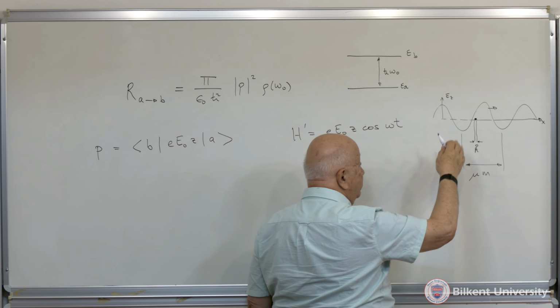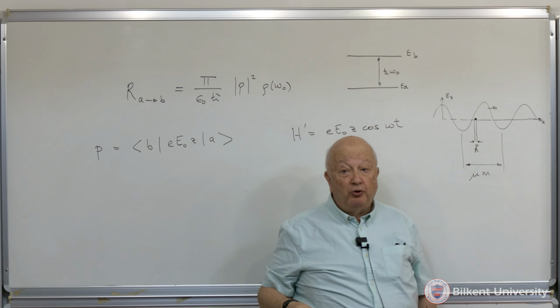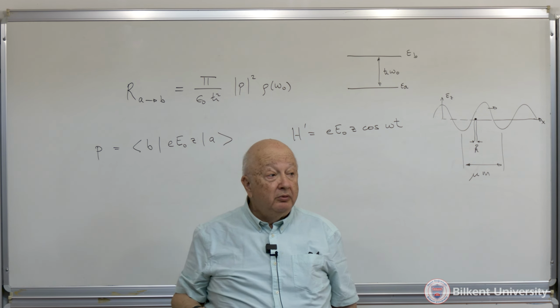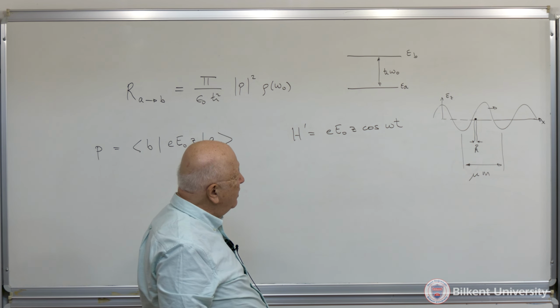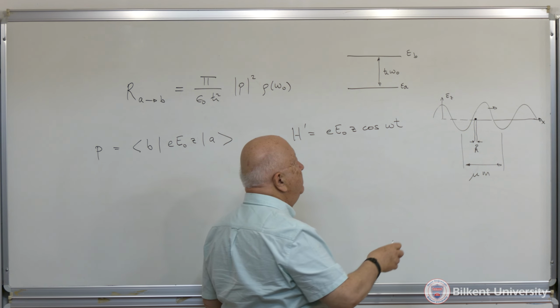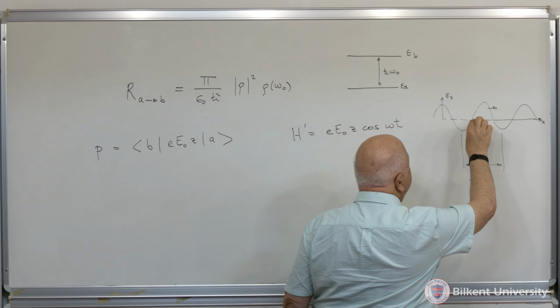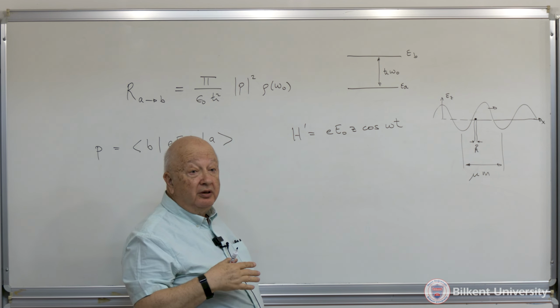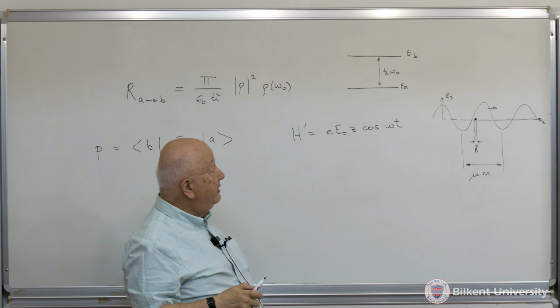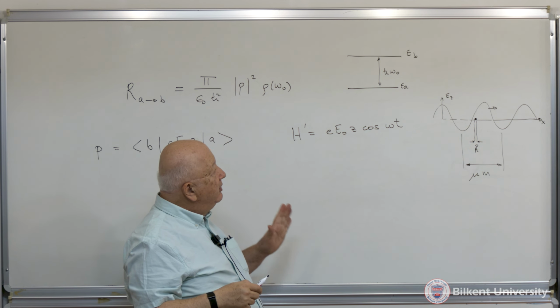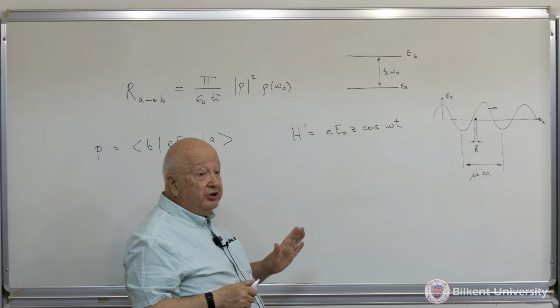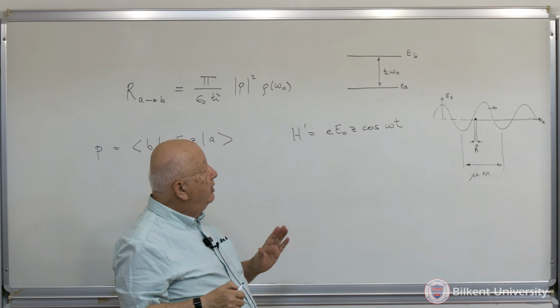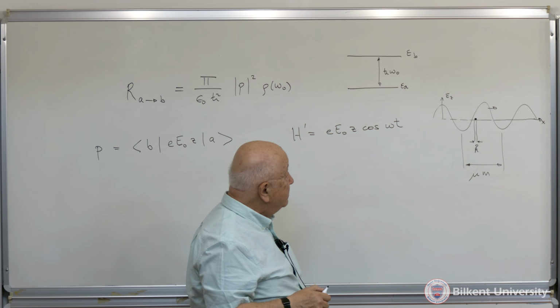So there's something like a factor of 10 to the 3, 10 to the 4 between these things. So it's a good assumption that the field on the atom is uniform at any time. But we'll see that we can make a correction even for that. But that will come later.